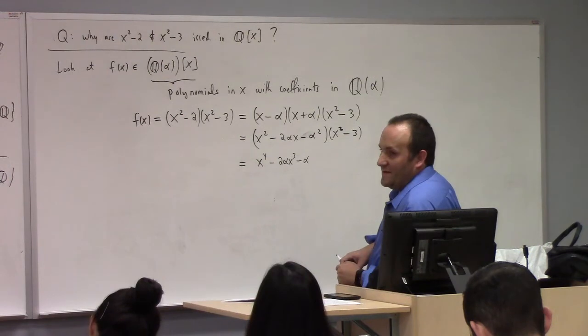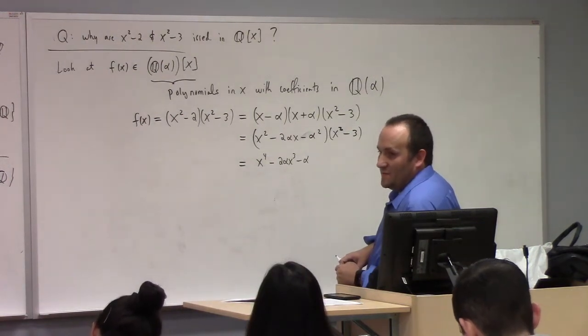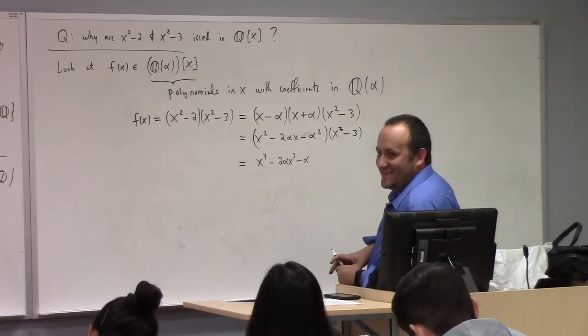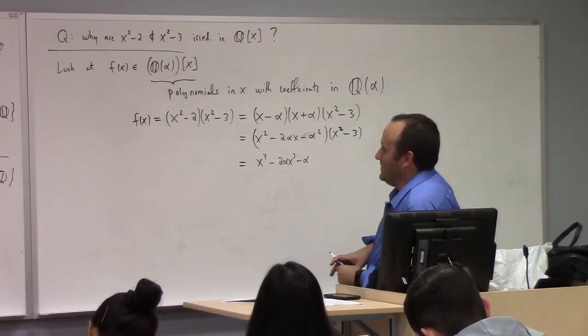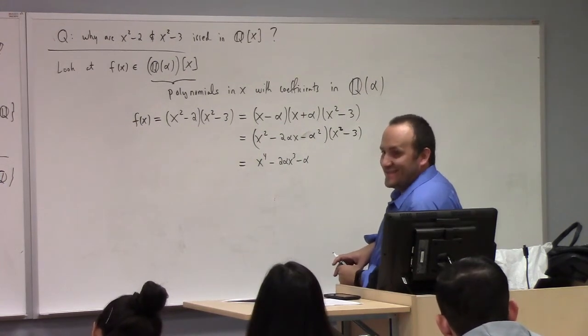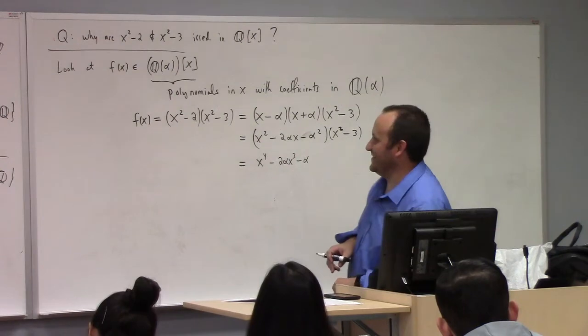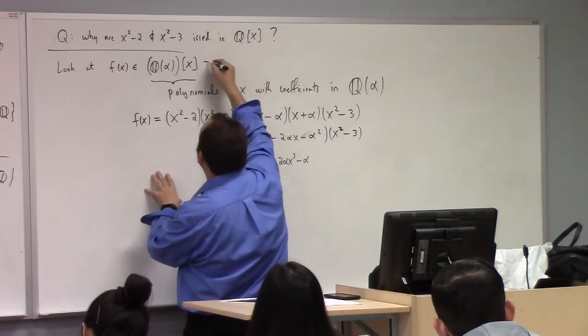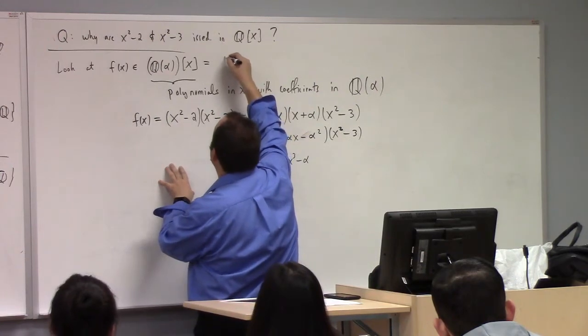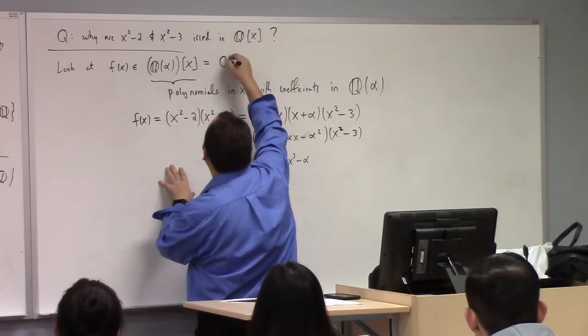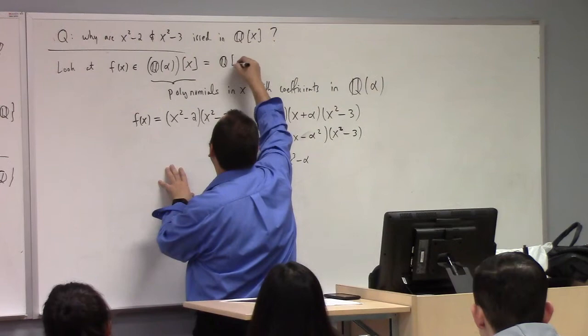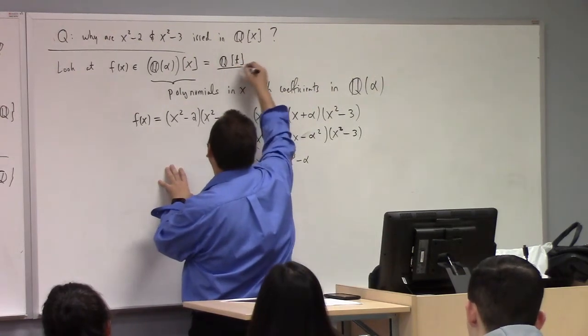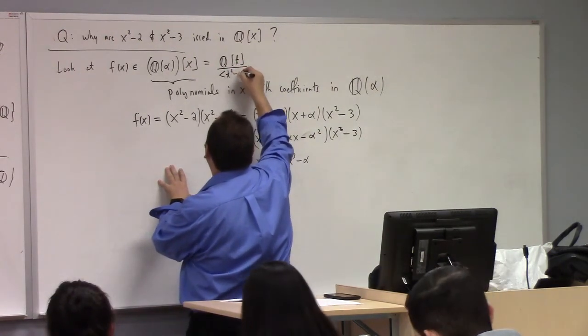So here is where the unfortunate thing is that we're using x in two different ways. On the one hand, I was using x to build the alpha, but this x is not that x. To be more pedantic, this, you're like, what? More pedantic? Is that possible? Yes, it is. Check it out. So Q adjoin t, mod t squared minus 2.